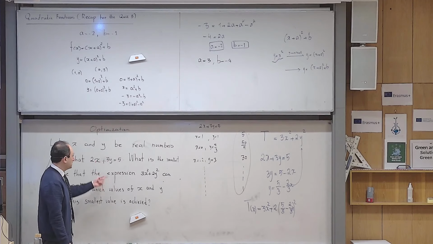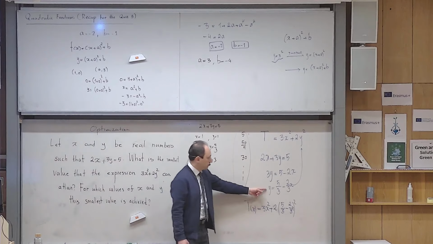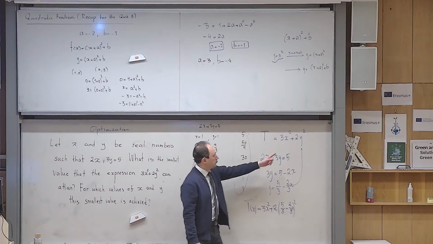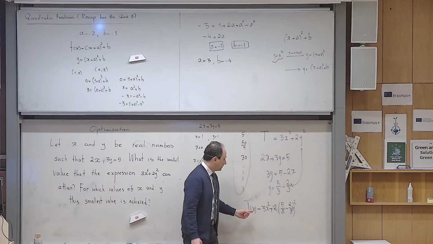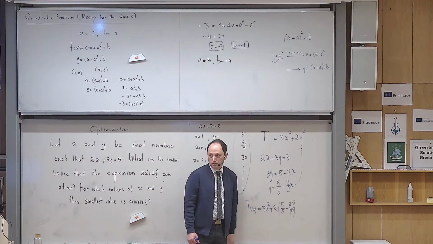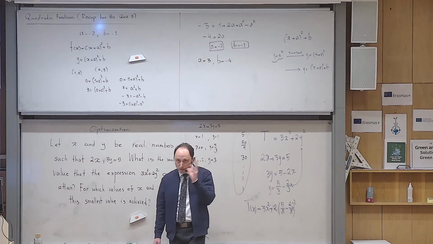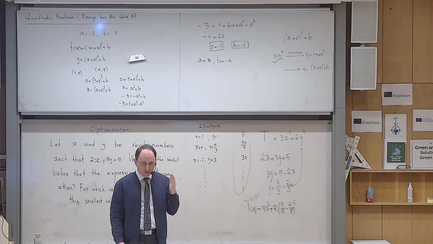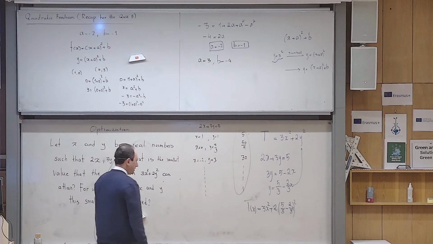What do I mean by that? I isolate y, for example. I isolated y, and then put this y in my target function. Then it becomes one single variable function. And then I minimize that. I'm talking about the general strategy. Yes, don't get confused, because sometimes these problems might be hard.